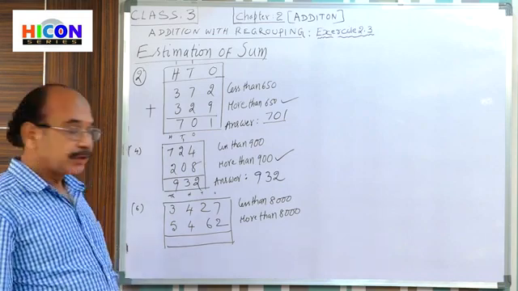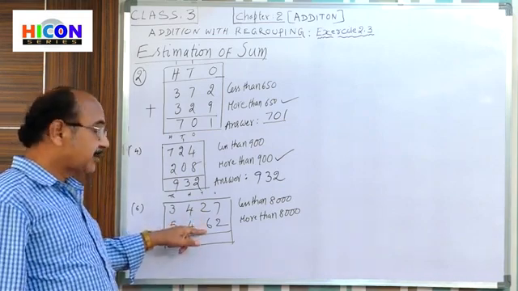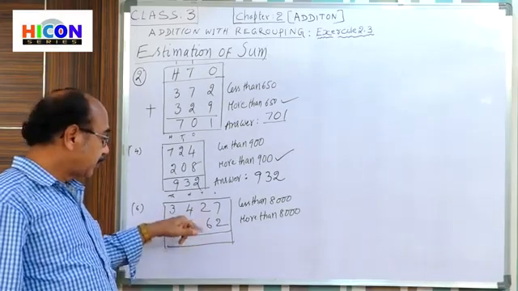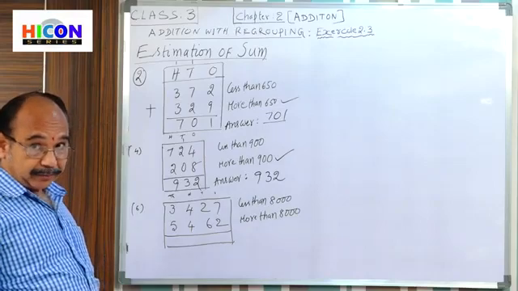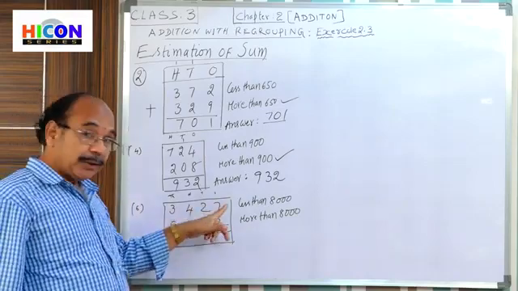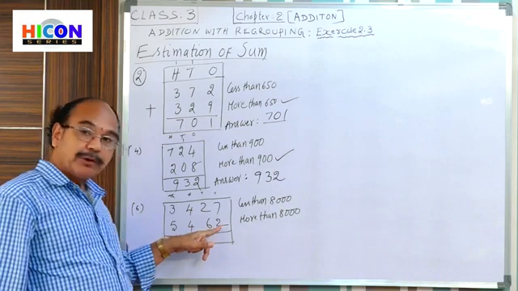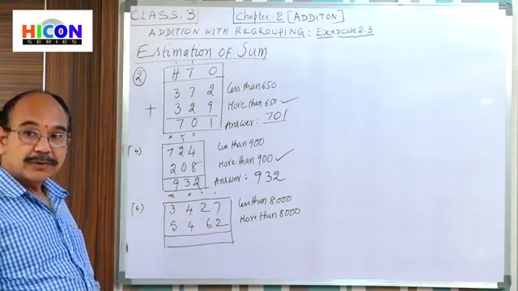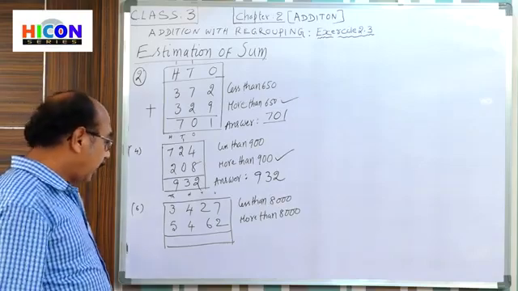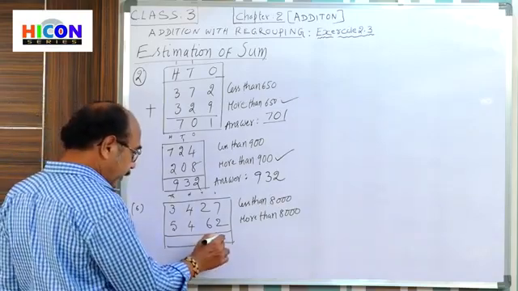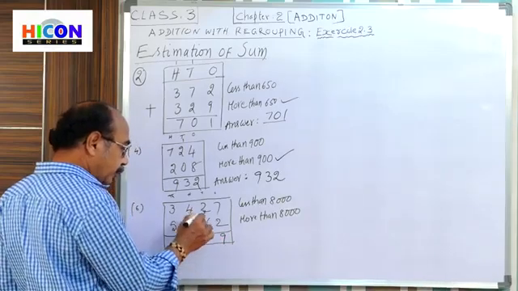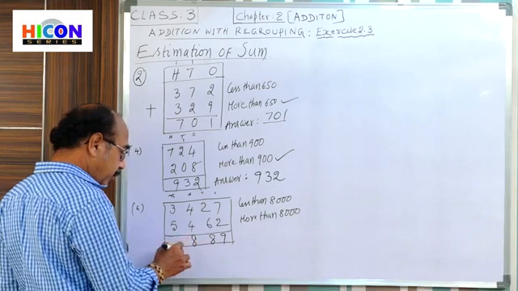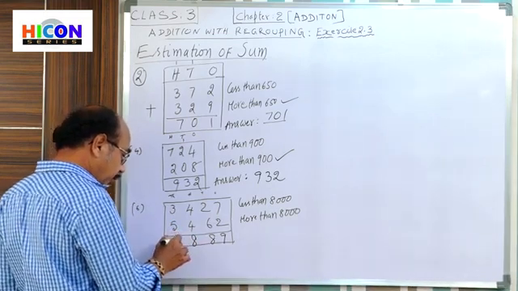Now, see the position of tens. Here 2 tens are there. Here 6 tens are there. Totally how many tens? 2 tens plus 6 tens, that means 8 tens are there. In the first number 7 ones are there. In the second number 2 ones are there. 7 plus 2, 9 ones. Now add 7 plus 2, 9; 6 plus 2, 8; 4 plus 4, 8; 3 plus 5, 8.